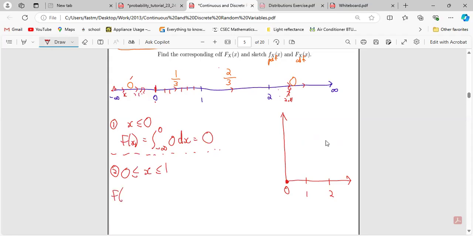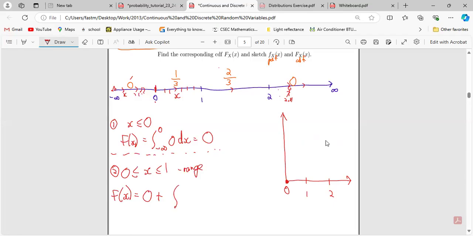So capital F of x in this case, everything before, which is why I drew this line diagram. So now the x is anywhere here. Between minus infinity and 0 is 0, plus from 0 to x. x could be anywhere in between here, but the range is just 0 to 1. So if x is anywhere between 0 and 1, you have to integrate.